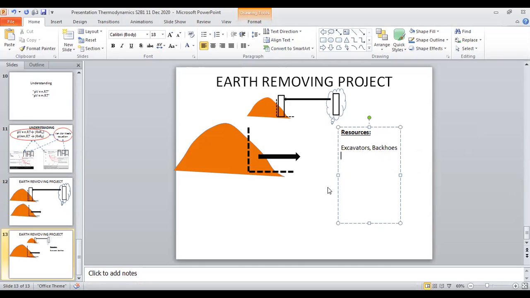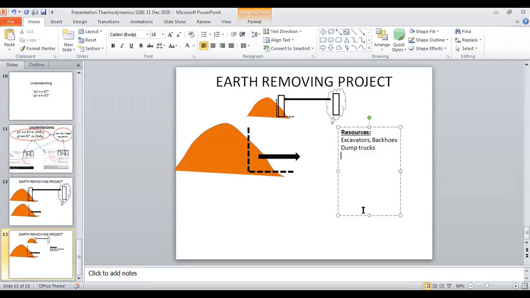So what else? You may need dump trucks to load and unload. Resources, these are the things: excavators, backhoes, dump trucks.